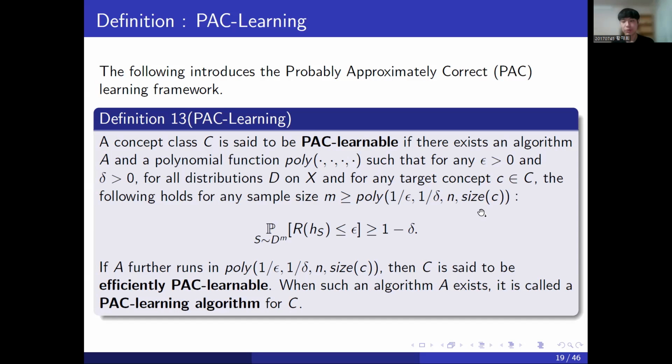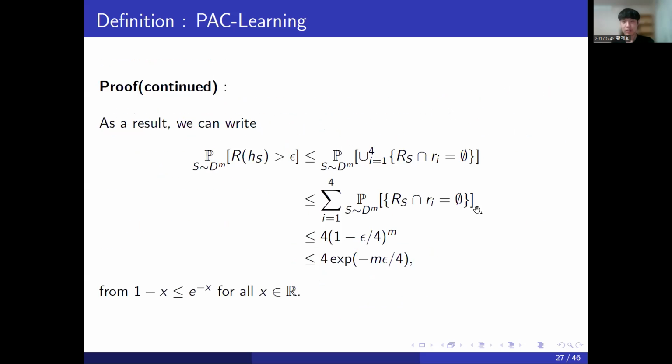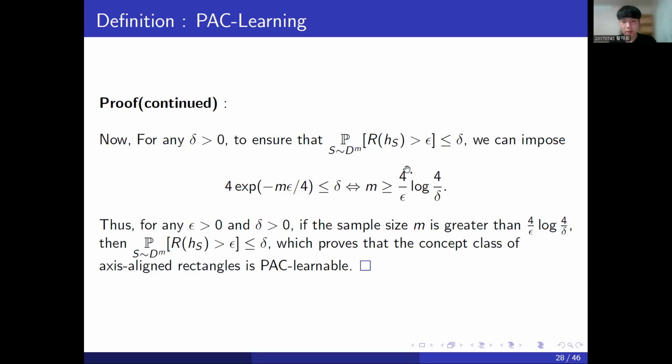The following holds for any sample size m greater than this term. As you know, this logarithmic function grows slower than any polynomial. So this is why the learning problem satisfies the condition for PAC learnability. I hope this explanation helps to understand this.